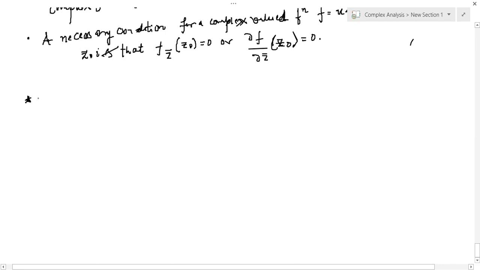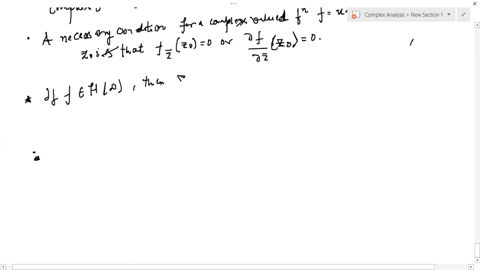If we are talking of analytic functions on domain D, I know that analytic functions means what? If it is analytic at a point A, it must be differentiable in some neighborhood containing A. So obviously, if f belongs to the set of analytic functions, then CR conditions must hold on this entire domain.